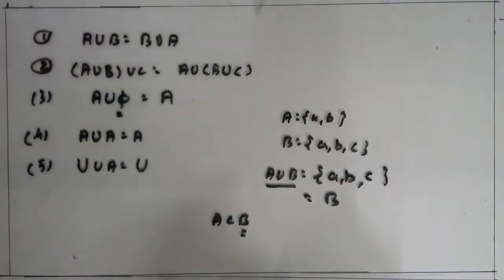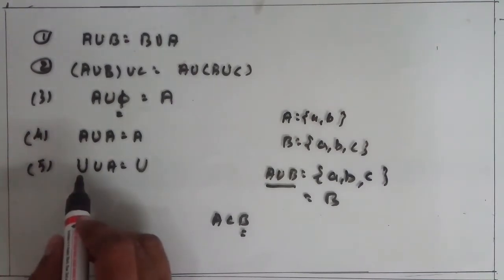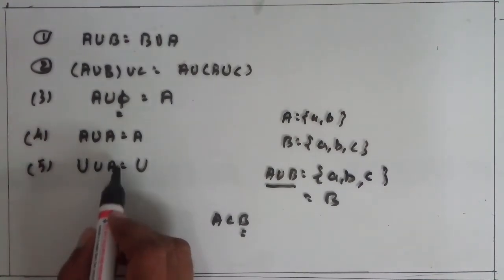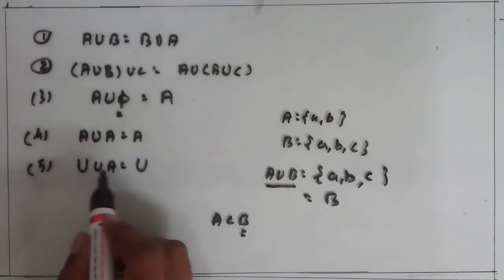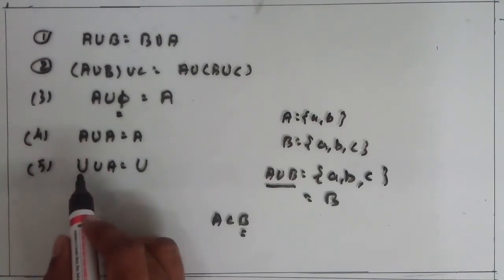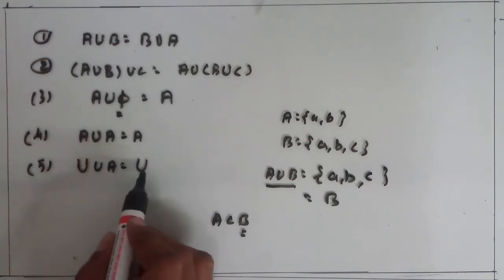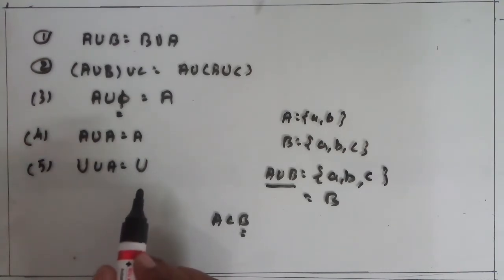That means if any one set is a subset of the other set, then the union of the given two sets becomes the superset. Here, universal set union A, in these two sets the universal set is the superset. So the union of the universal set and A is equal to the superset. Clear this?